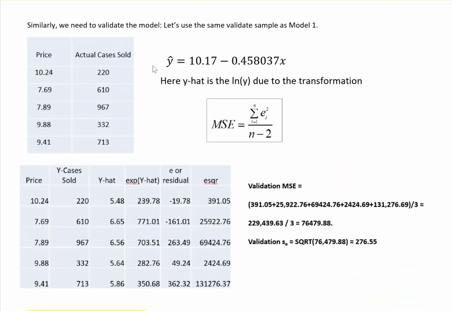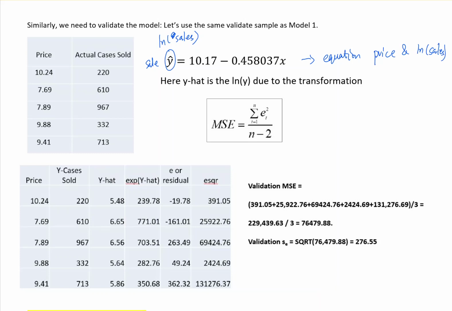We want to validate our new regression, but here this y hat is not just the sales. This y hat is actually our natural log of sales, right?